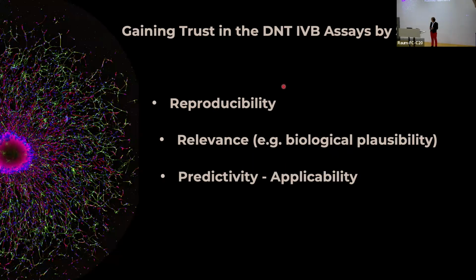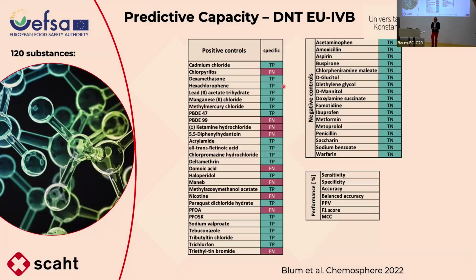Okay, now what about the predictivity? For the predictivity, you have to screen compounds, and this is actually what we did. This was an EFSA project that ended in 2021 already, and this was testing of 120 substances in the CONSTANCES and the IUF assays.